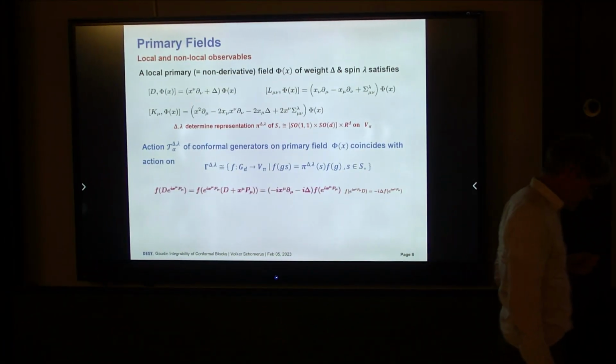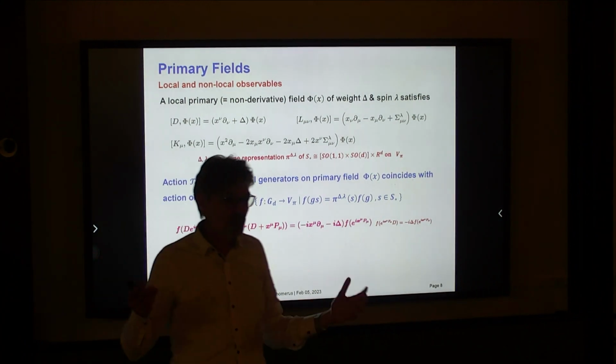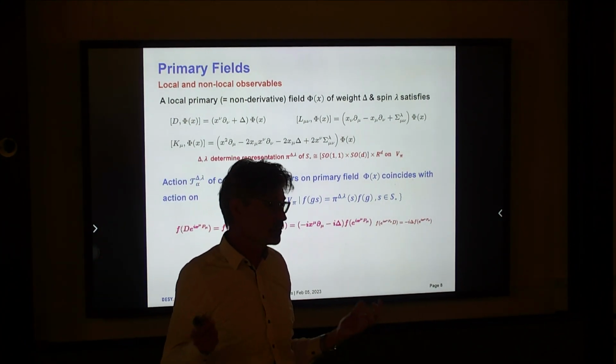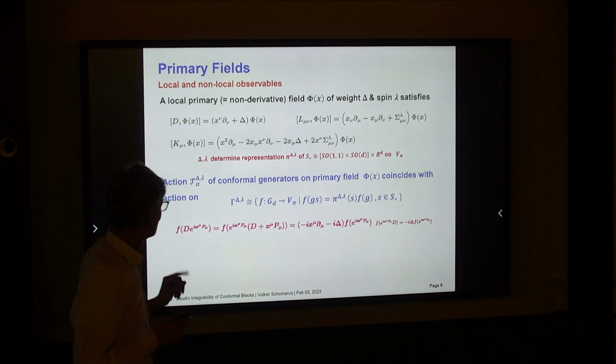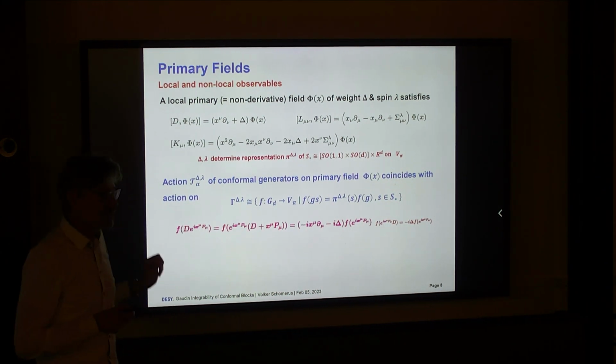So there's actually a way to realize the representation that corresponds to a primary field in terms of just functions on a group. And so this is the first kind of intermezzo that is maybe not standard CFT 101. So how do I do this?